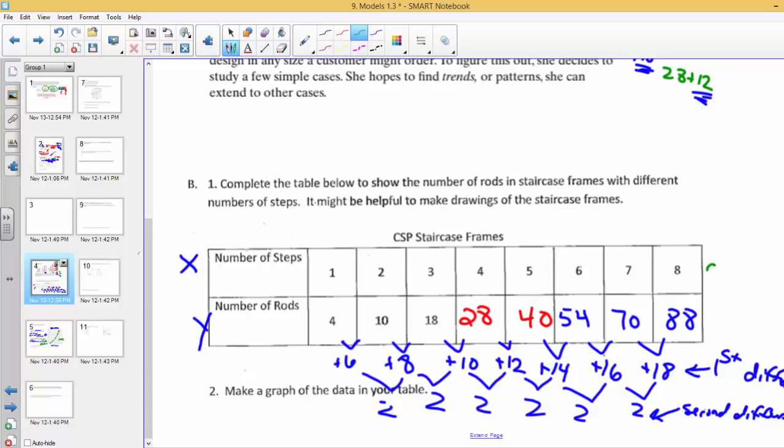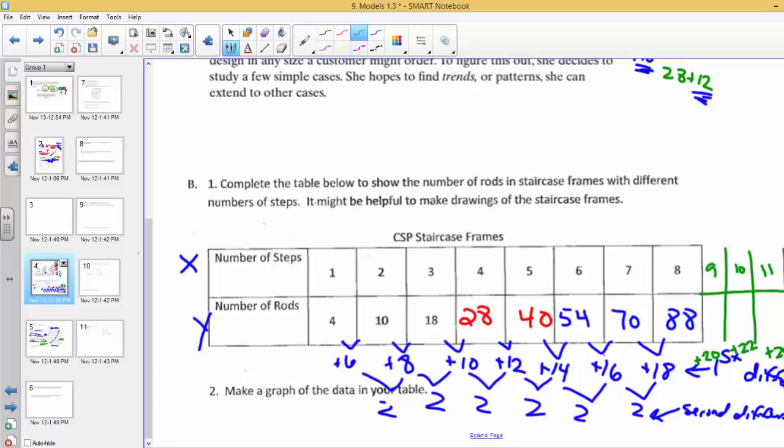So probably for 12, it's going to be easiest if we just extend our table, since we don't really have an equation to go by. So you would add 20, and then you would add 22, and then you would add 24, and then you would add 26.